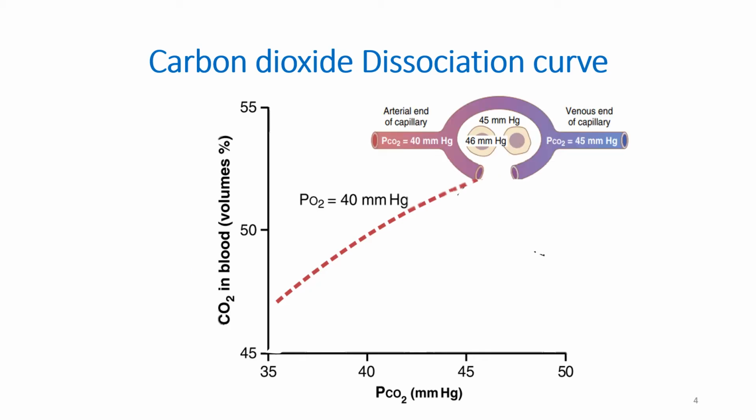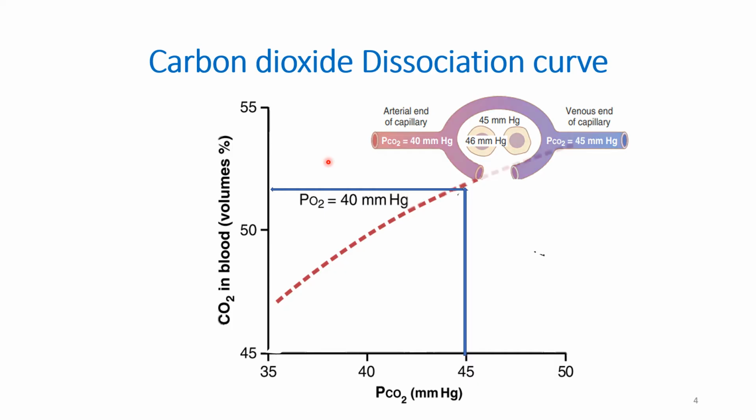We know that at the tissue level, the partial pressure of carbon dioxide is 45. You must be familiar with this diagram. So from this curve, can we estimate the carbon dioxide content? According to this graph, the carbon dioxide content for a partial pressure of 45 is around 52.